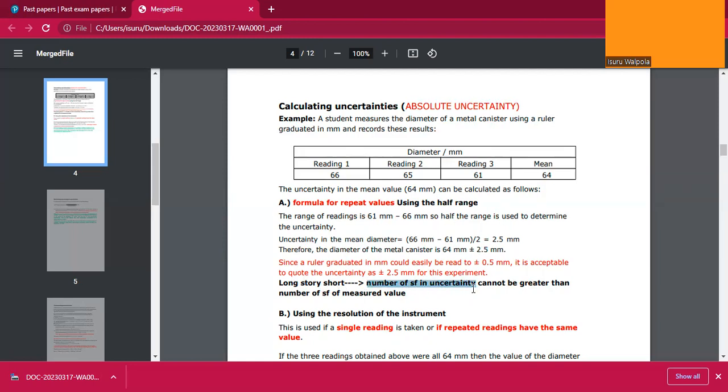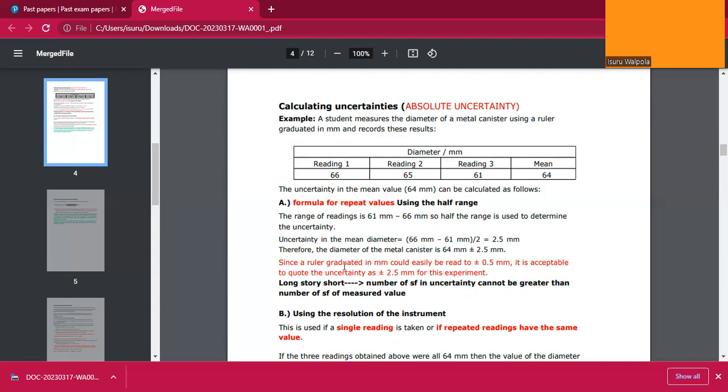Here it is, the long story that I just said. Number of significant figures in uncertainty cannot be greater than the number of significant figures of measured value. Or rather, number of significant figures in uncertainty cannot modify the number of significant figures of measured value. So ideally, according to the new rules, this should have been given as 64 plus or minus 3, because when you add and subtract 3 from this value, the number of significant figures remains at 2.